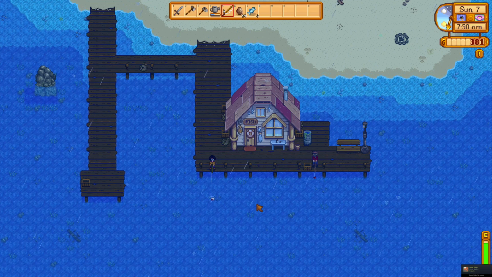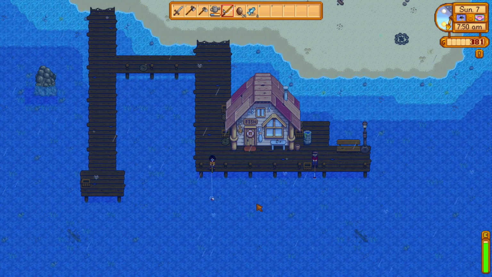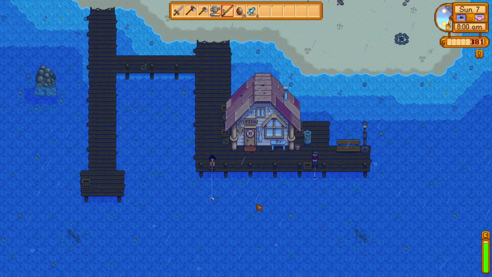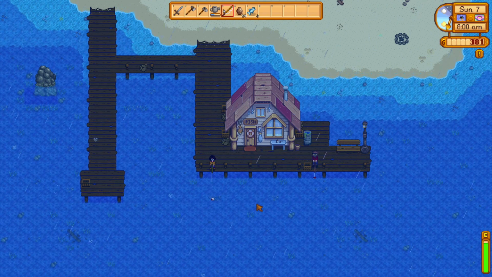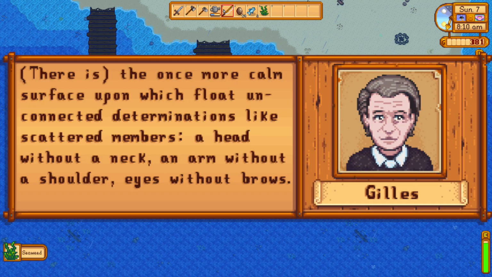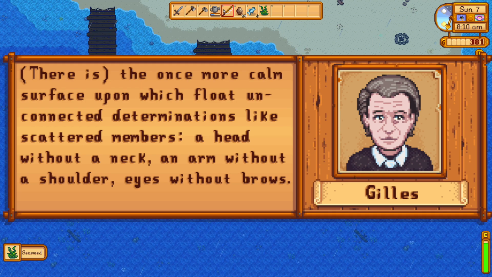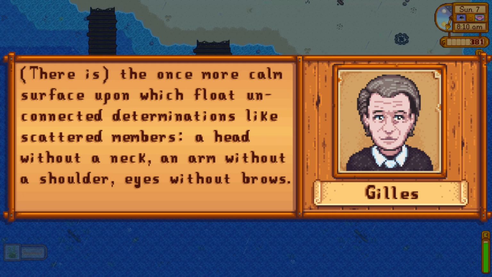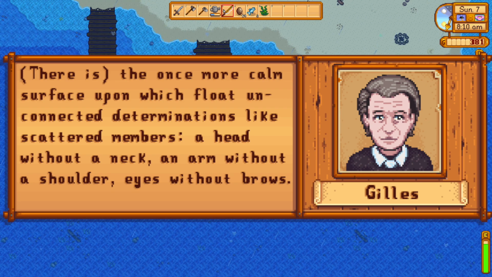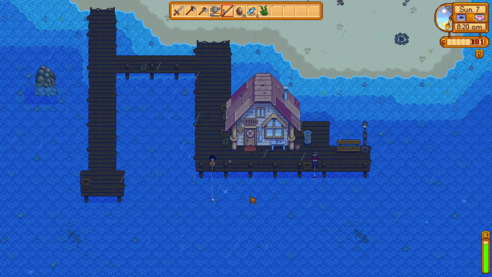In the biological assembly line, on the other hand, the situation is completely different. To use the opening passage from Difference and Repetition, in a way quite distinct from its original intention, there is the once more calm surface, upon which float unconnected determinators like scattered members, a head without a neck, an arm without a shoulder, eyes without brows.